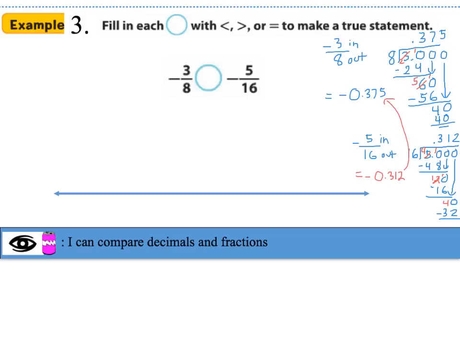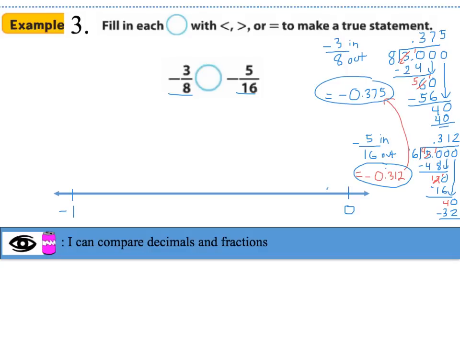Alright, so now let's go ahead and graph these decimals on a number line. I'm going to select the integers 0 and -1 because these fractions or these decimals are between 0 and -1. So I'm going to start off with 0 on this side and end up with -1 right here. And what I'm going to do is count by tenths on the number line.